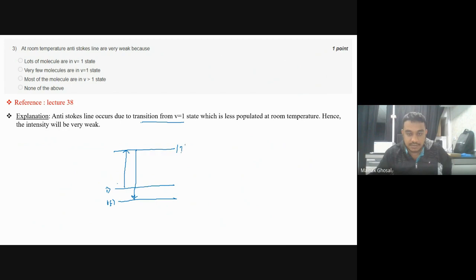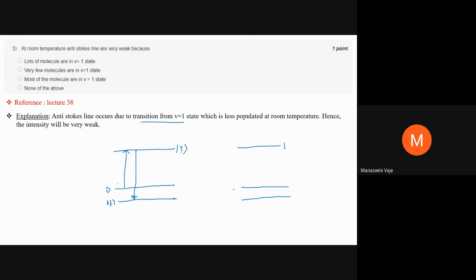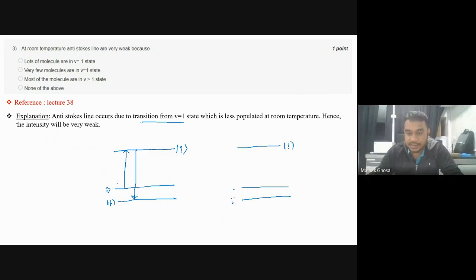What is this state? Just like other spectroscopic techniques, it is the excited state. Yes, virtual state. The upper one. Virtual state, exactly. This is nothing but the virtual state. So here this is I and this is F.